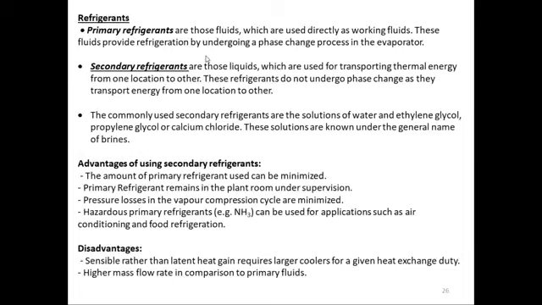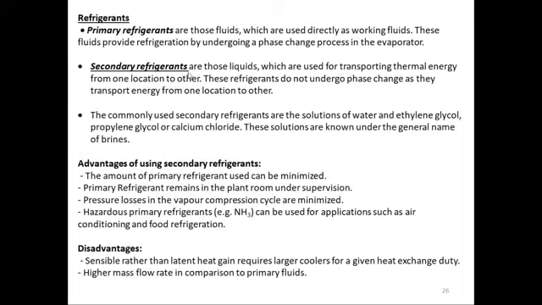So that is the difference between a primary refrigerant and a secondary refrigerant. It is the primary refrigerant which actually works as a working substance, and it goes through the phase change process, while the secondary refrigerant is only getting the energy absorbed from the primary refrigerants and then circulating it into the building, into the factories or the air conditioning space.